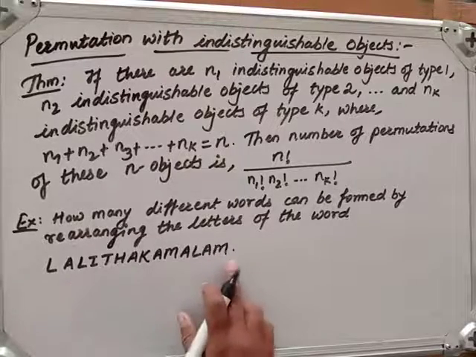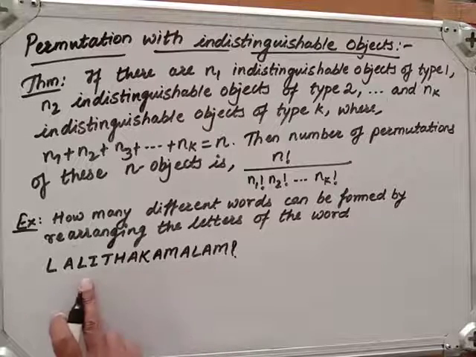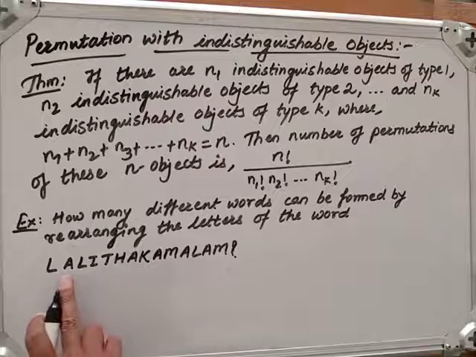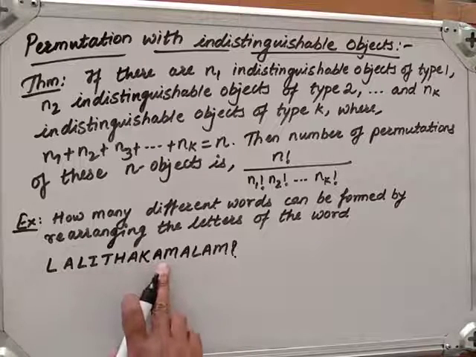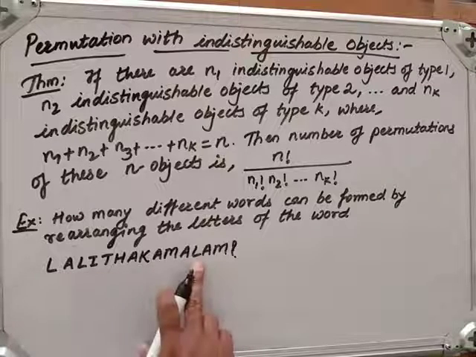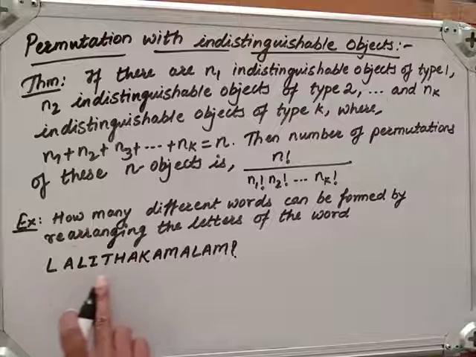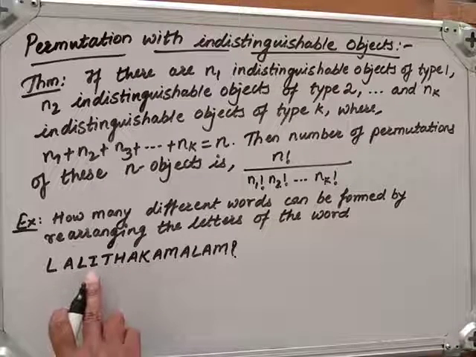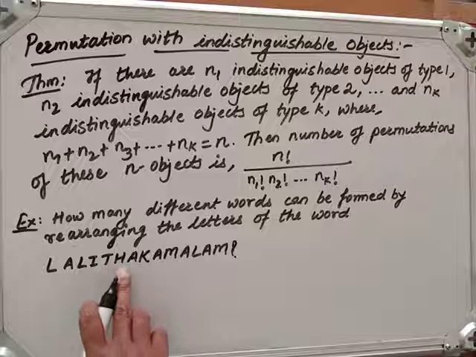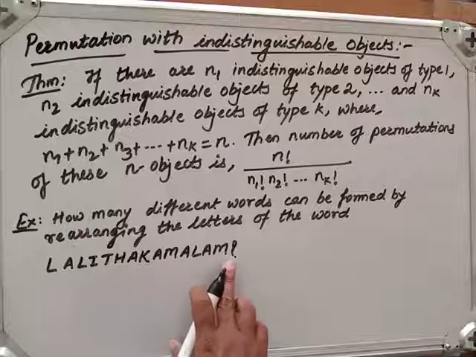Now we have to form various words from the letters of this word. But here look at this A. How many times does this A come? L comes 3 times, A comes I think 5 times. I comes once, T comes once, H comes once, K comes once, but M comes twice.